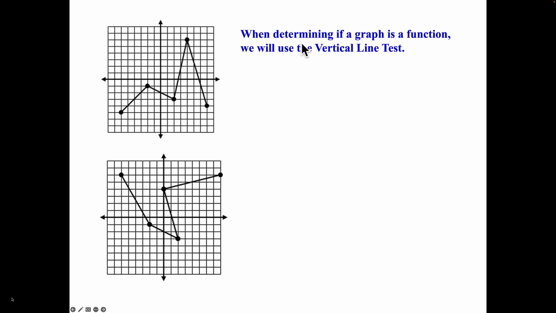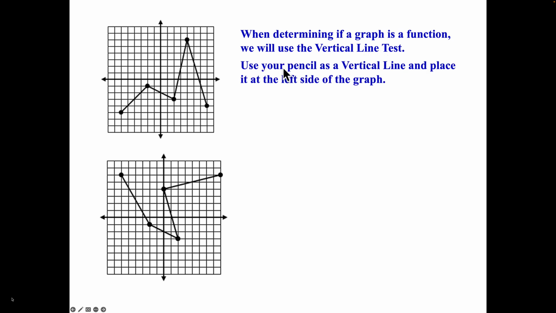All right, here we go. When determining if a graph is a function, we use the vertical line test. Now, what we're going to do is we're going to use your pencil as the vertical line. We're going to place it at the far left of the graph, and then we're going to slide it across the graph.